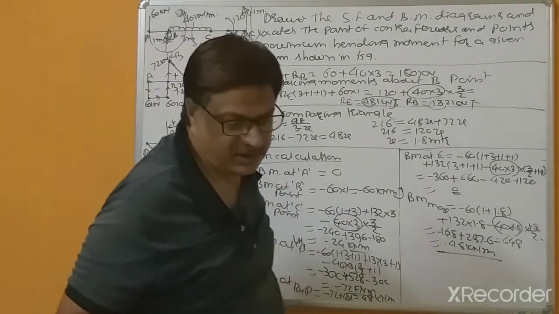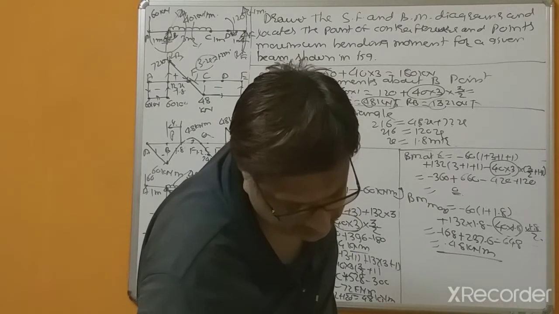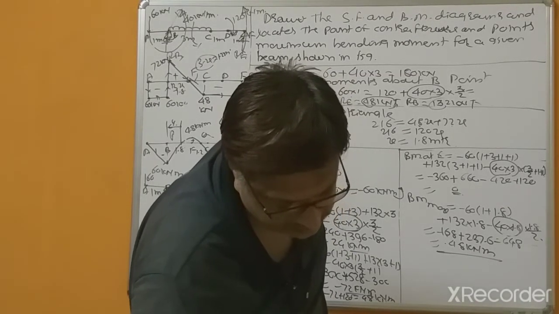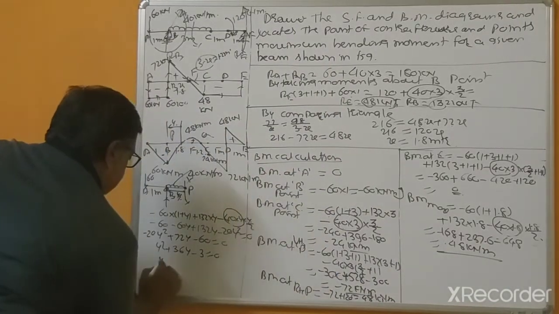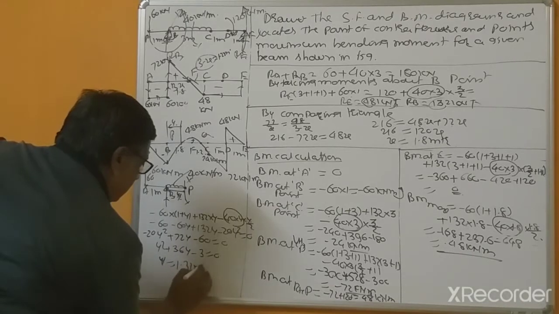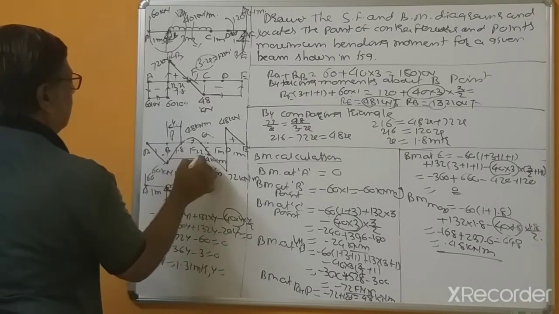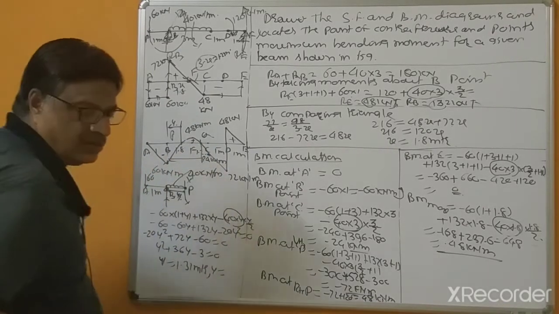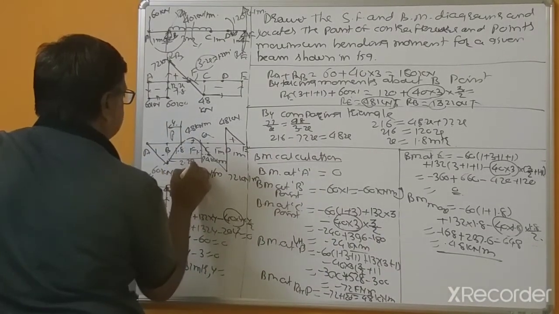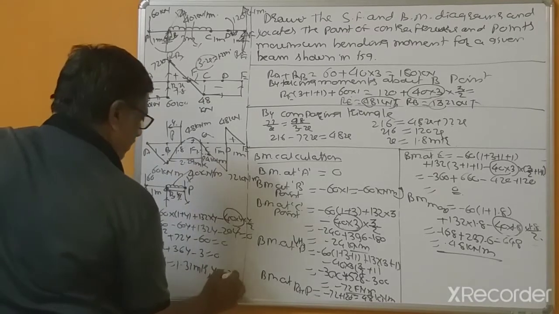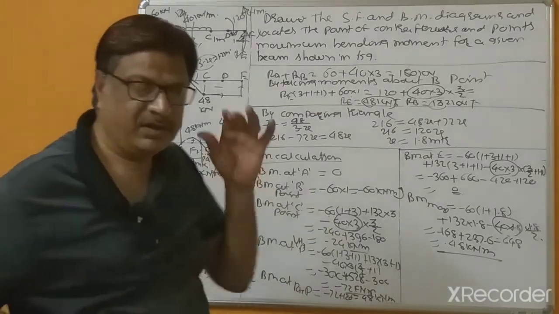This is a quadratic equation. Solve this quadratic equation. You will get y equal to 1.31 meter and this distance equal to 2.29 meters. And this is your expected answer.